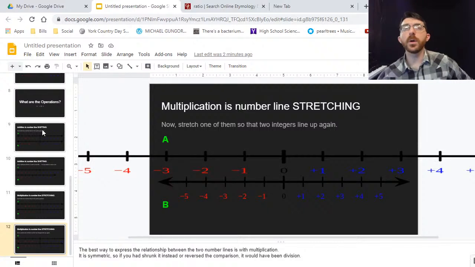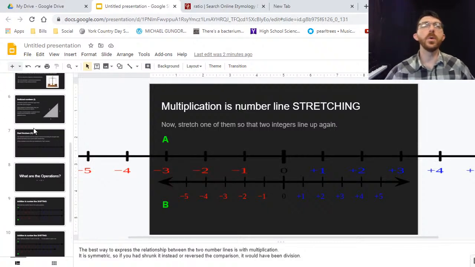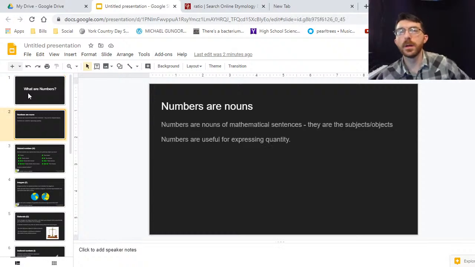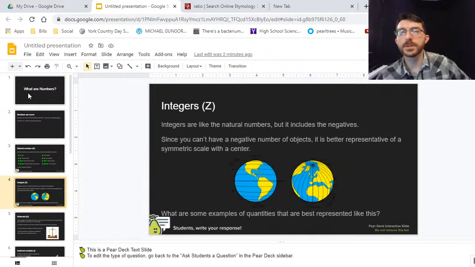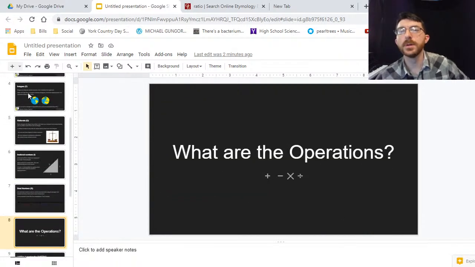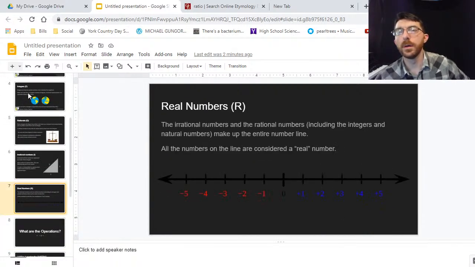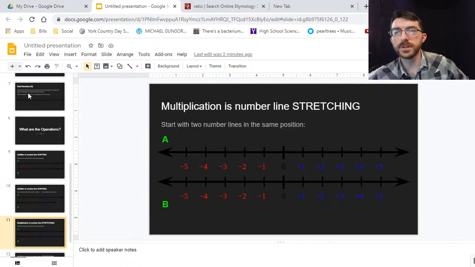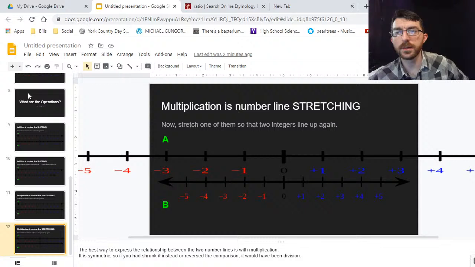I am starting to worry that I might be packing too much into one day. What are numbers? Okay. Naturals, integers, rationals, irrationals, reals. Operations: addition, number line shifting, line stretching.